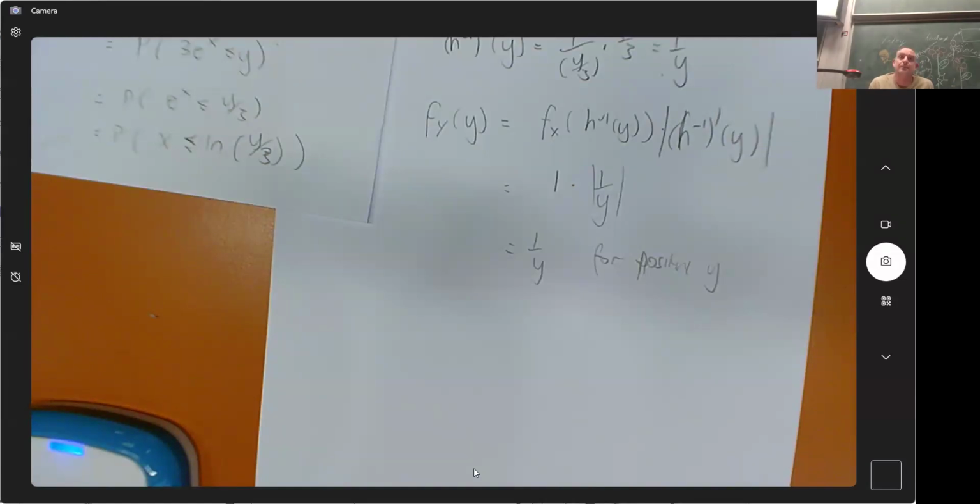Monotonic. So he does say what to do when it's not. If it's increasing on part of the region and decreasing on the other, or vice versa, then you split at the point where it switches and do it separately.